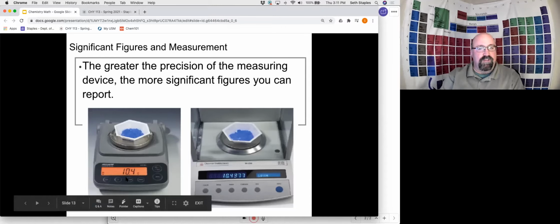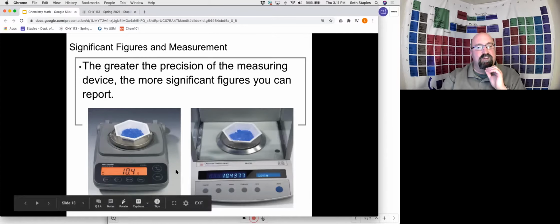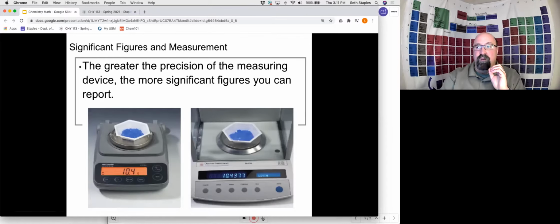We'll look at these rules in a minute, but this would be a measurement that has 3 significant figures versus this measurement that actually has 5 significant figures. And we would have to take that number of significant figures into account if we were doing a density calculation with this particular measurement.